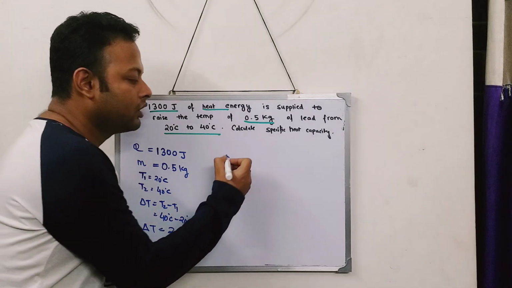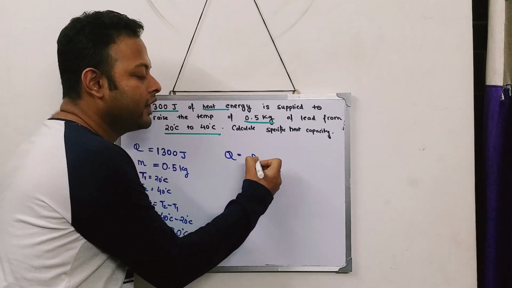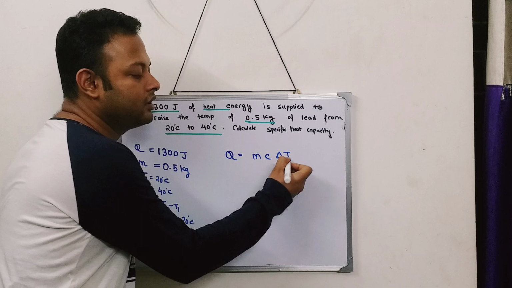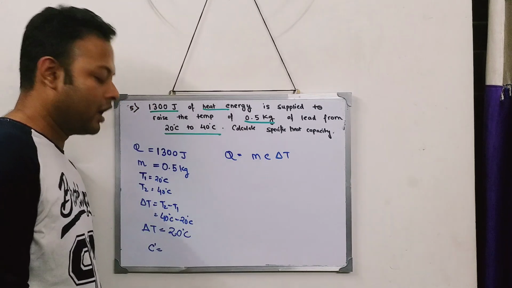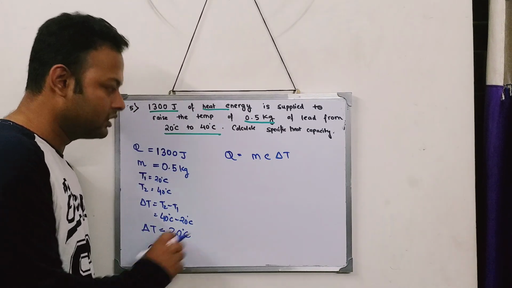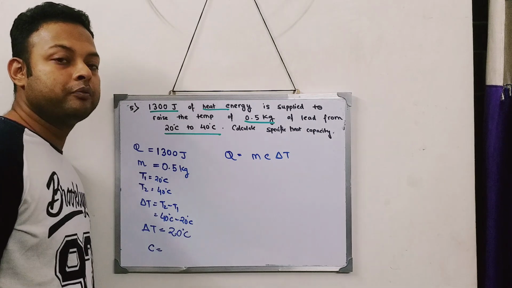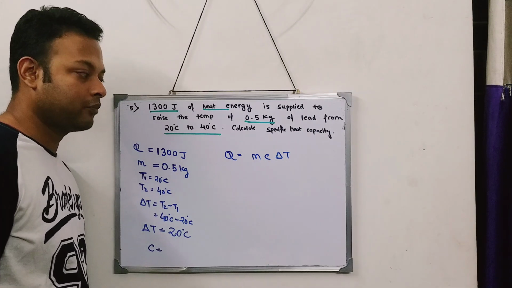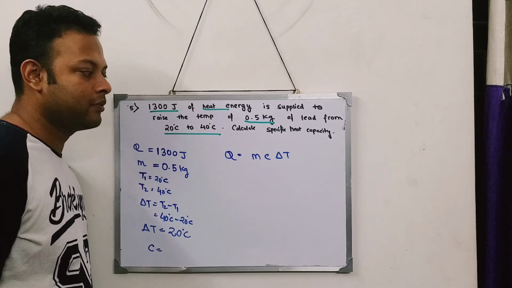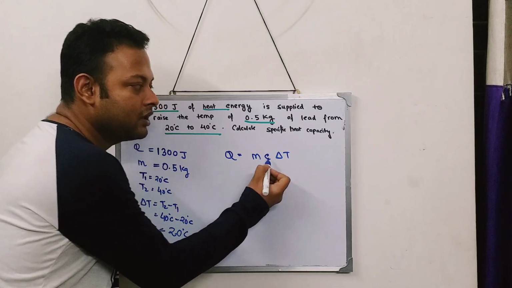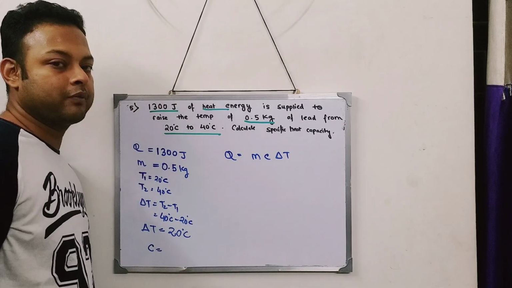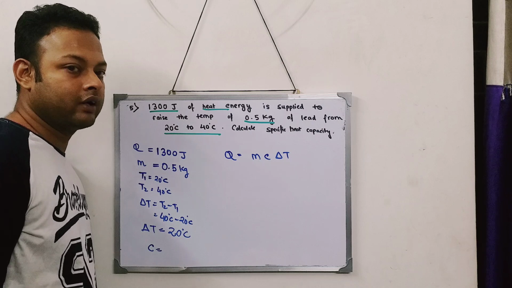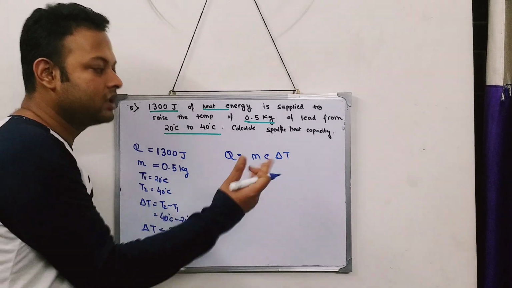So I'll use the formula Q is equal to mc delta T. This C over here, I'm not writing C dash actually. This C represents specific heat capacity, not the heat capacity. So this C is the specific heat capacity which I am required to find, not the heat. So I'll use this formula.